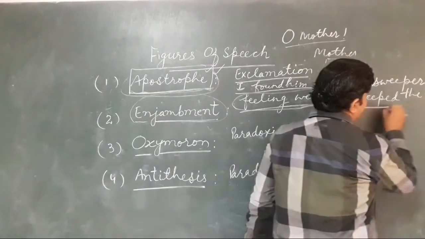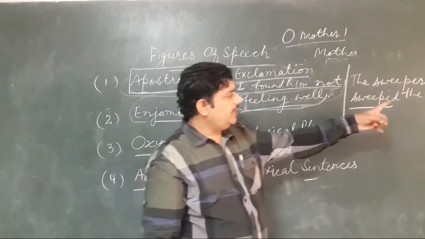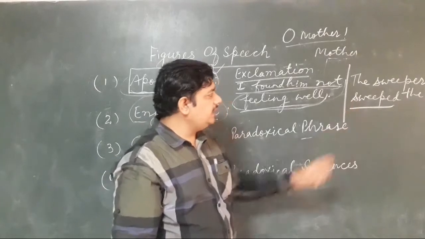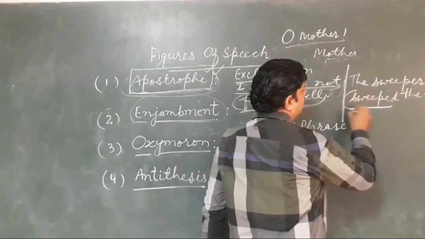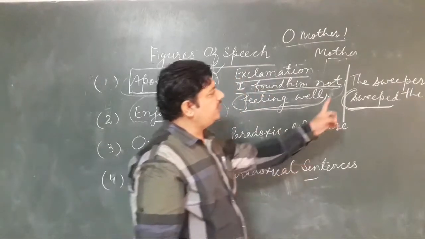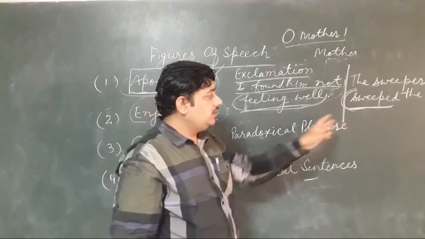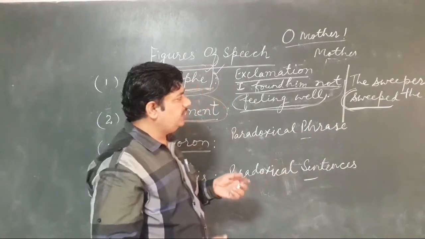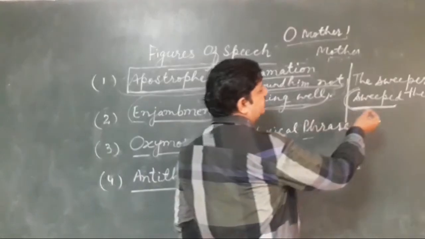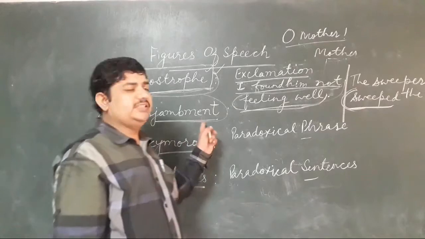Here you can feel that the connectivity is not complete in the first line, and we get it in the second line. So when you feel that one particular clause has its connectivity in the next line also, it is known as enjambment.